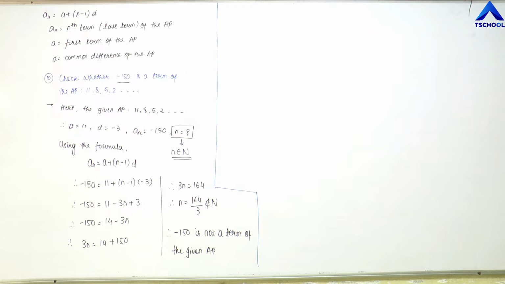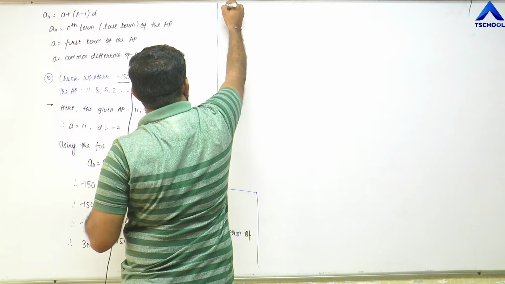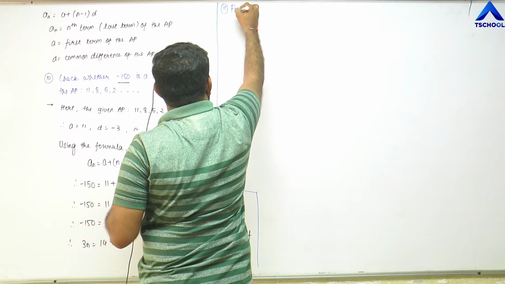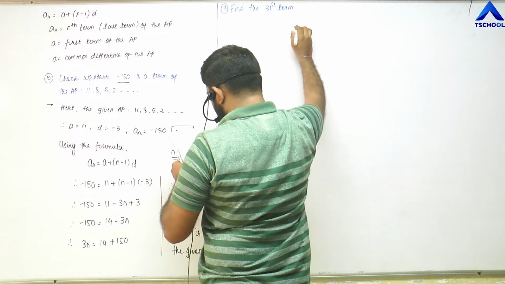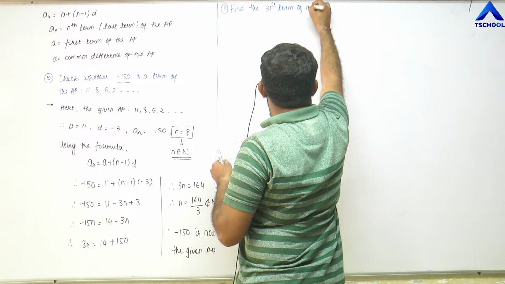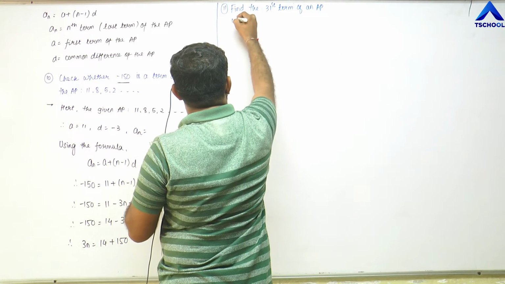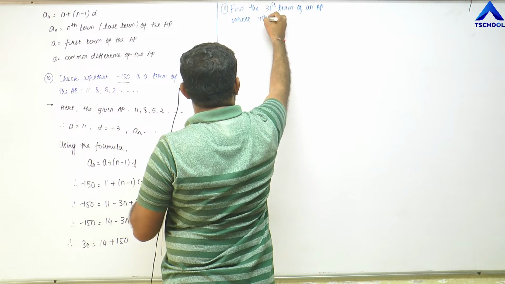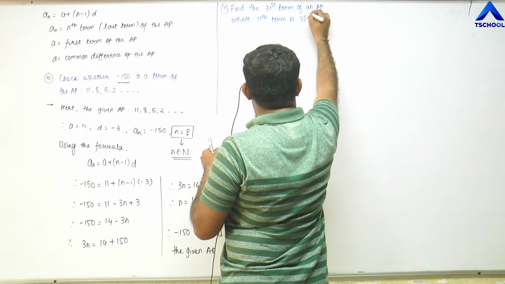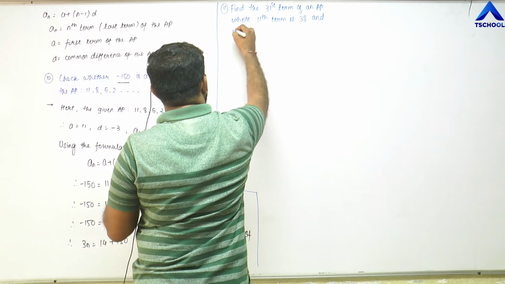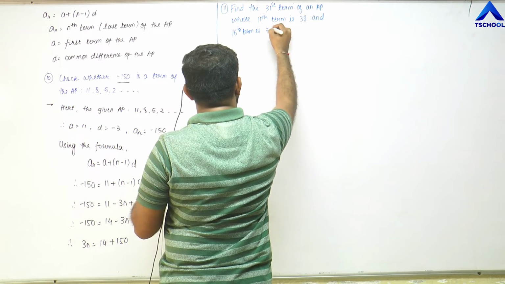I have one more question here: find the 31st term of an AP whose 11th term is 38 and 16th term is 73.